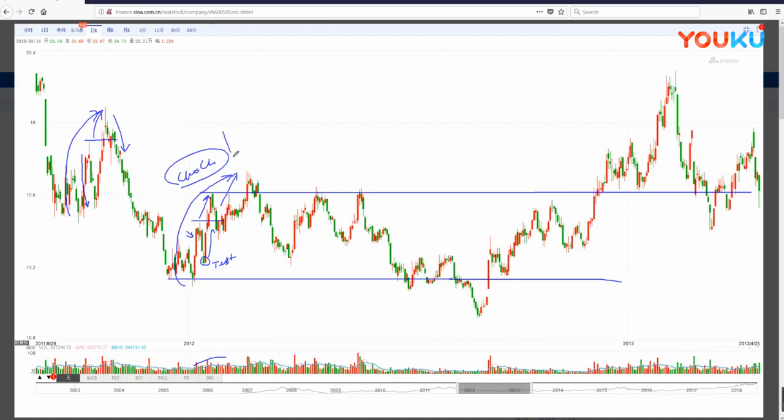So this is a change of character being defined in phase A, and that basically says to us that from the downtrending environment, we are stopping, changing the character, and that suggests a consolidating action or a trading range.